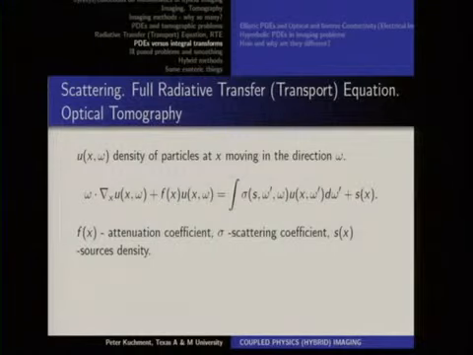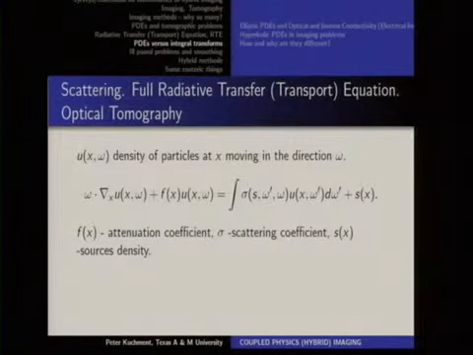So we are counting particles moving in the direction of omega. But you can get a particle in this direction that came from a different direction, omega prime, and scattered into this one. So you have particles that came from the direction omega prime, then some portion of them, that's the scattering amplitude, that's the portion of those who scattered from omega prime to omega.